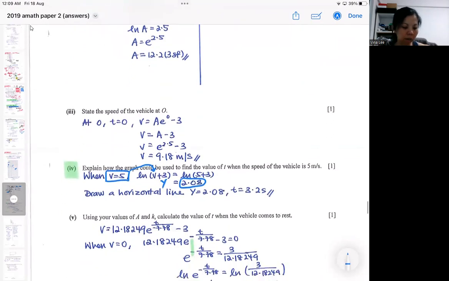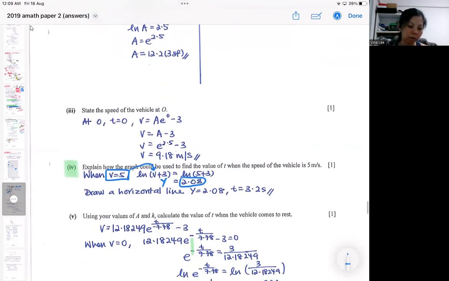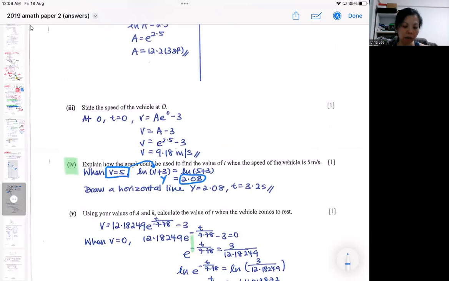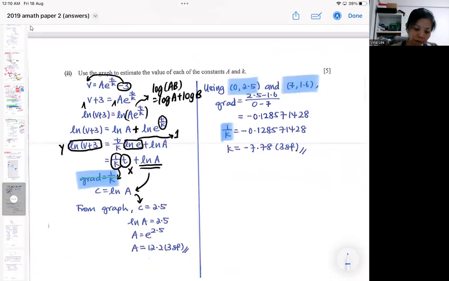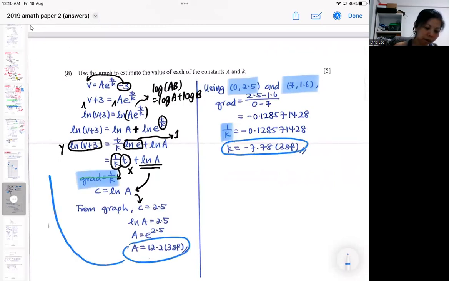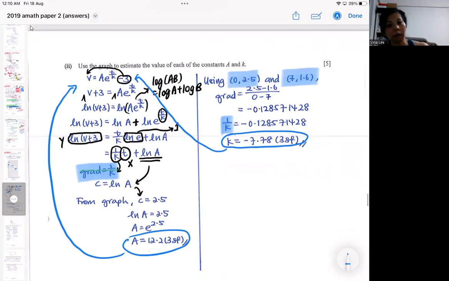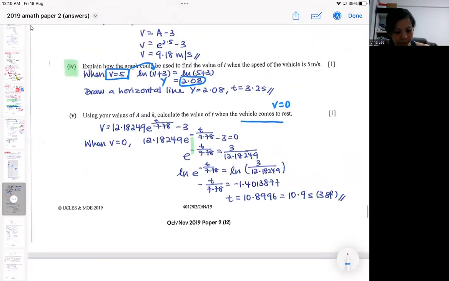Okay, subsequently, they will ask you to use your values of A and K to find the time where the vehicle comes to rest. So what you do is return the two values that you have found to the original equation. So that's what I did. I returned to the original equation.